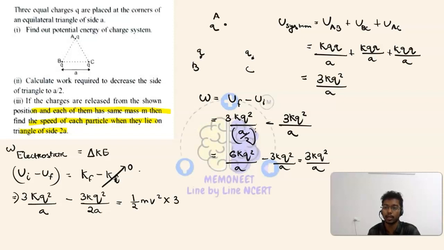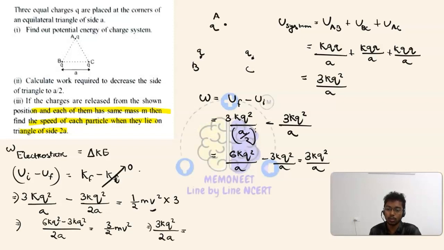Because we have to find the kinetic energy of the whole system, which means 3 charges, so we have 3 kinetic energies, each half mv². So with the common denominator 2a, 6kq² minus 3kq² is equal to 3/2 mv². So 3kq²/2a is equal to 3/2 mv². The 3/2 cancels out, and the velocity is equal to the square root of kq²/(ma). So this is the velocity of the particle.